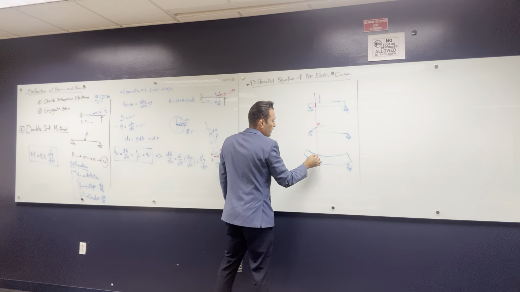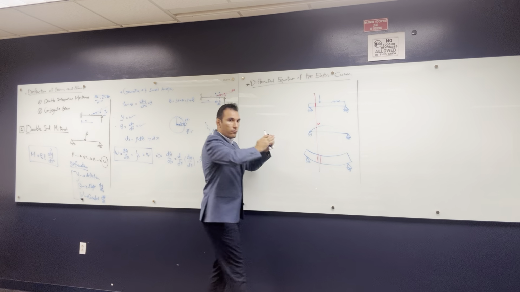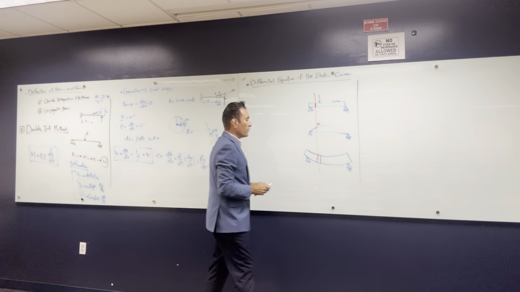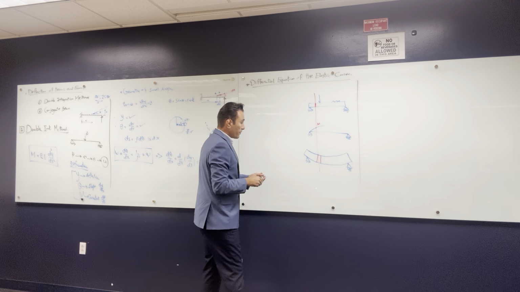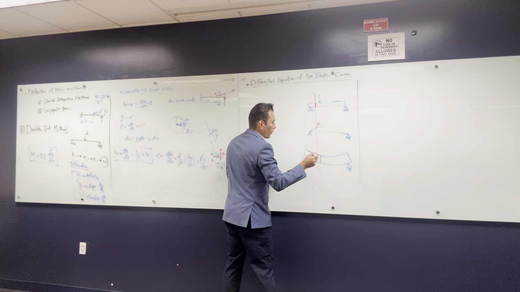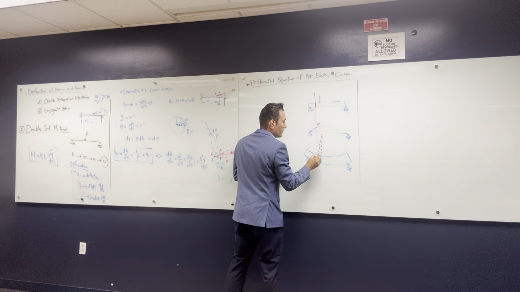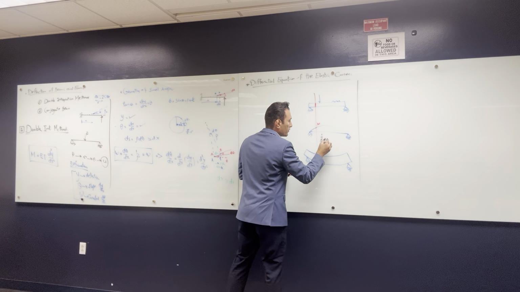Once you put the load, it's going to be something like this. So it's going to be compressed from the top and in tension at the bottom. If you want to find the radius, you extend the lines like this until you find the center, and this is d theta.